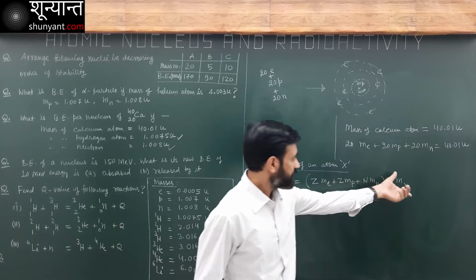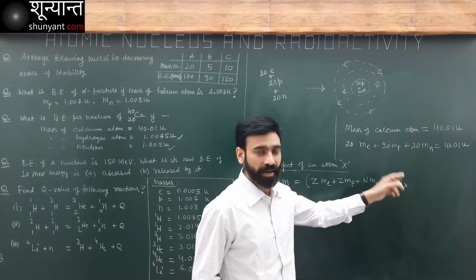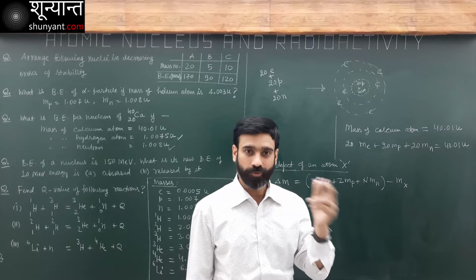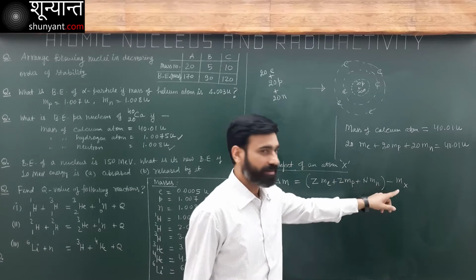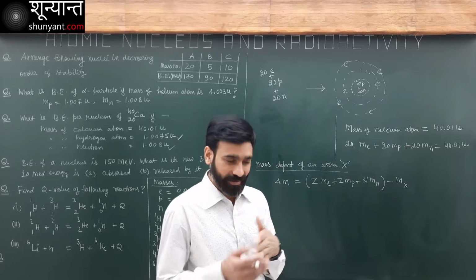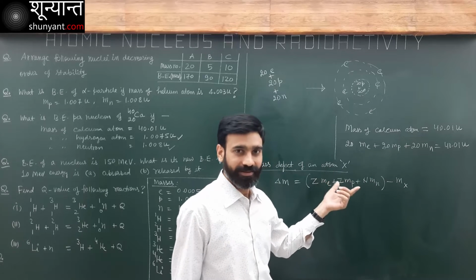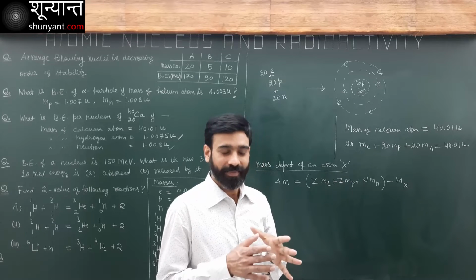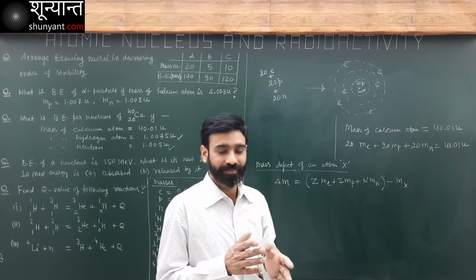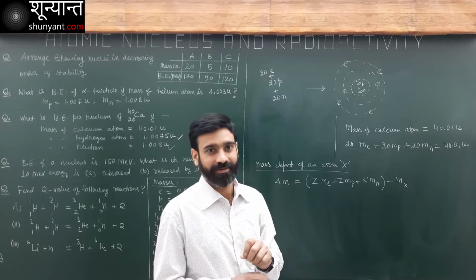In this mass, the mass of electron is also included, so when I subtract it, the mass of electrons get subtracted. So what I will be left with will be the difference in mass of nucleus from its constituents.